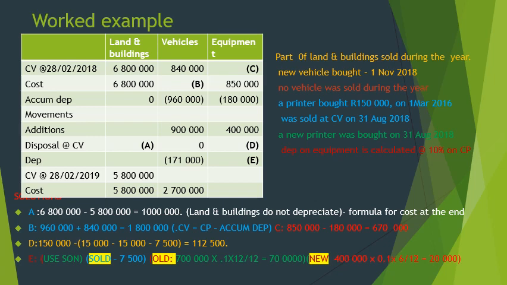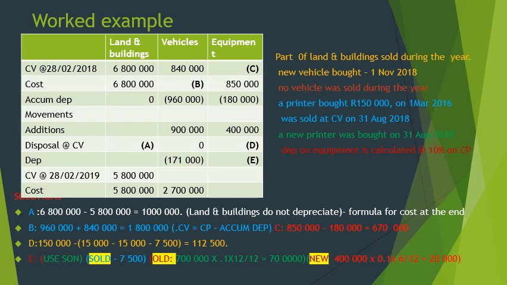Then from 1st of March 2018 to 31 August 2018, it is 6 months. So we calculate depreciation for 6 months to give us 7,500. So our accumulated depreciation is 37,500 until the date it was sold, and the carrying value is 150,000 minus 37,500, to give us 112,500.